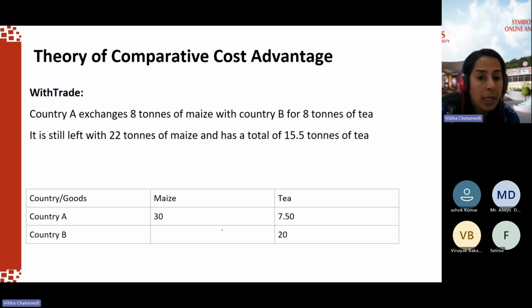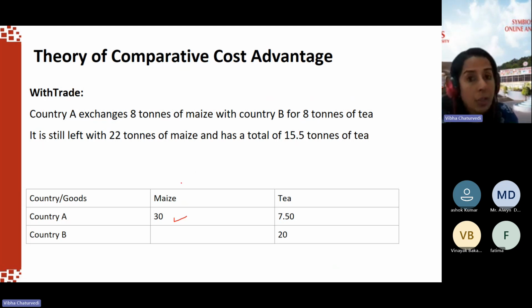But let us suppose a situation where the countries are going to trade. In the second situation, if each country were to specialize, then country A will produce 30 units of maize. I'm not saying they will deploy 400 units of labor to the production of maize only. They will deploy 300 units for the production of maize, which is sufficient to meet the internal demand for maize, and they will use the remaining 100 units for the production of tea.